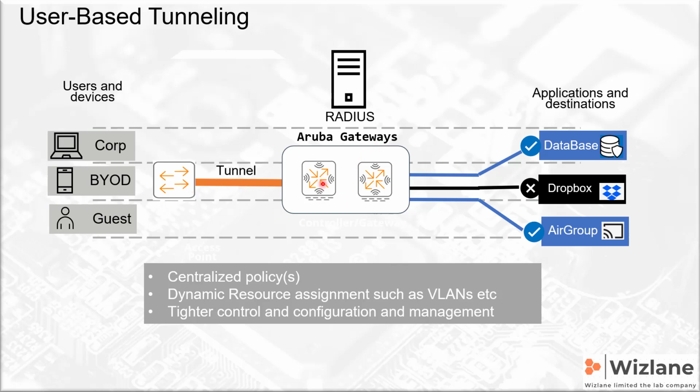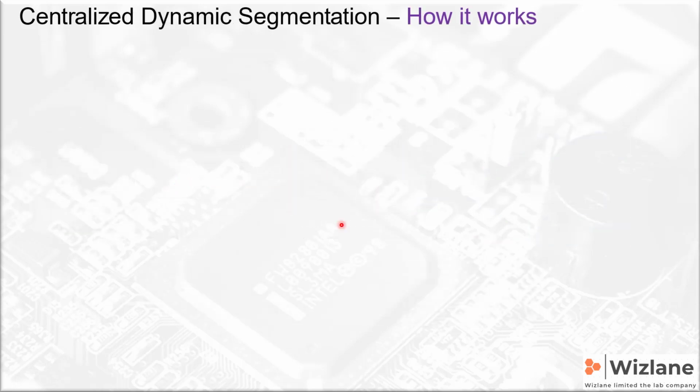The tunnel will be established between the access point, the switch and the controllers, and we can allow or disallow going to certain destinations for different connections based on the policies that we apply here. With centralized policy, I can dynamically assign VLANs and some other settings, and this is much tighter control, being able to centrally manage connections, push policies, and make changes without any major issues if any change is needed.